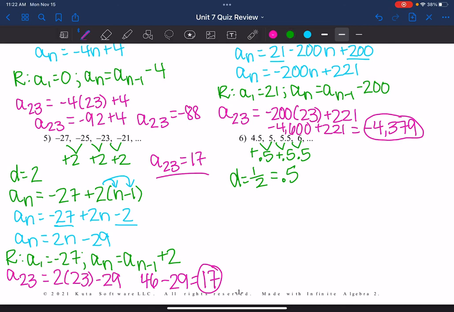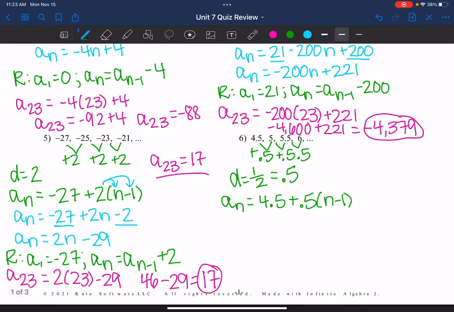So then we're going to create our explicit formula. Our explicit formula is a sub n equals my first term, which is 4.5, plus my common difference of 0.5 times n minus 1.